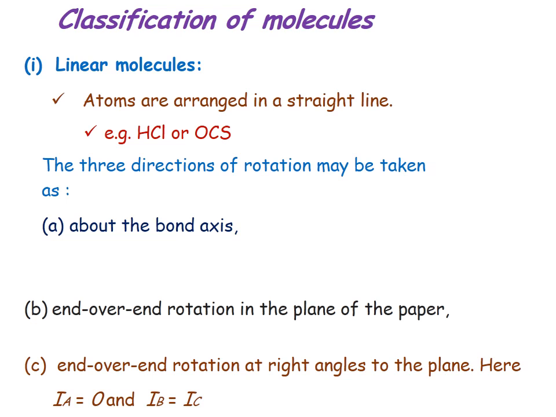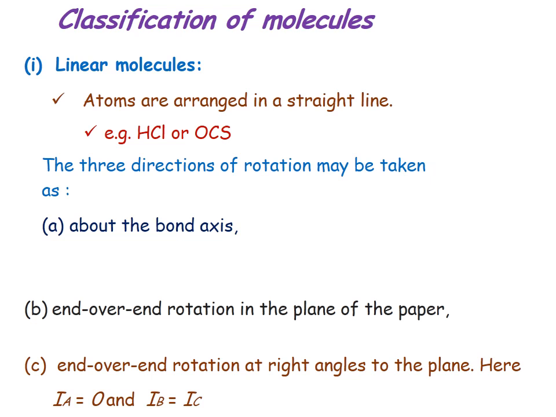The first one is linear molecules. These are molecules with atoms connected in a straight line, for example HCl and OCS. The three directions may be taken as: the first, about the bond axis; the second, end-over-end rotation in the plane of the paper; and the third, end-over-end rotation at right angles to the plane of the paper.